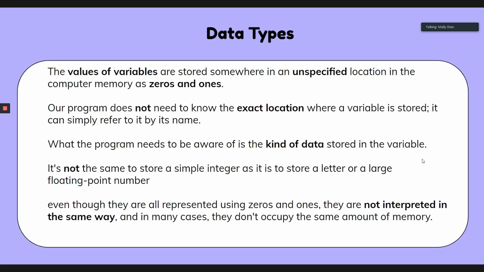So even though everything is represented as zeros and ones on your computer, even these texts that I have in front of me are actually, behind the scenes, a bunch of zeros and ones that's being turned into letters for us to read. Your computer can only interpret it as the kind of data type it is. So they don't occupy the same memory. This goes back to the memory data types that we talked about before, where each data type has a different memory storage with it.